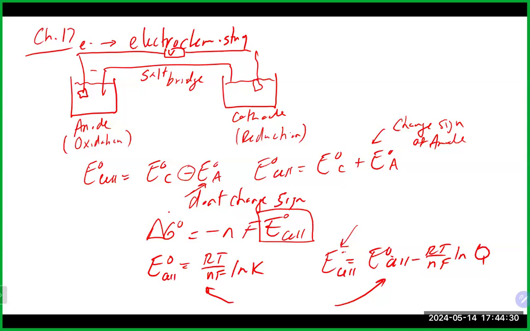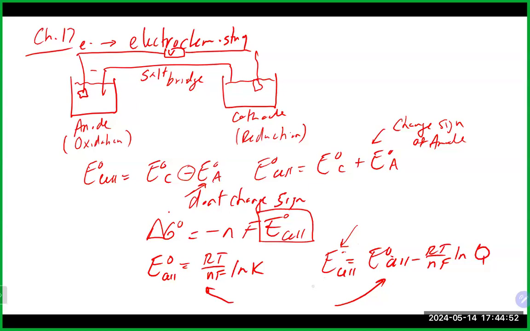As we talked about, your E of the cell, if you play with concentrations or pressures, it's possible to turn a non-spontaneous reaction into a spontaneous reaction. Remember, standard conditions means all the molarities are 1 molar, all the pressures are 1 atmosphere, and temperature is 25 degrees Celsius.